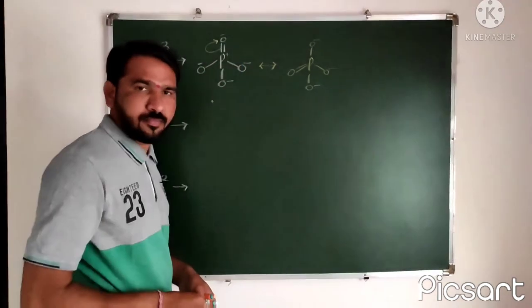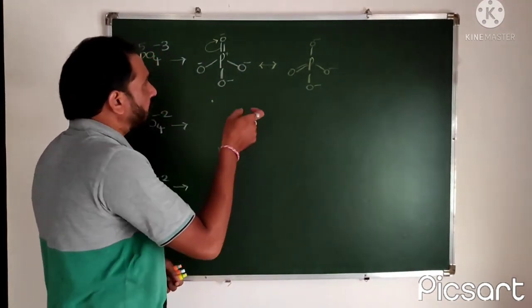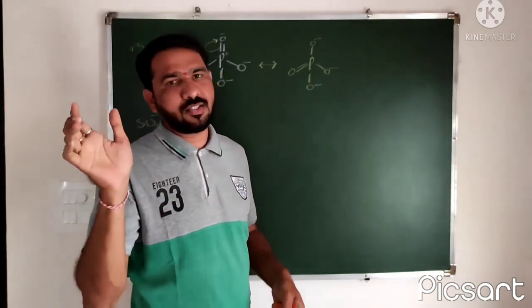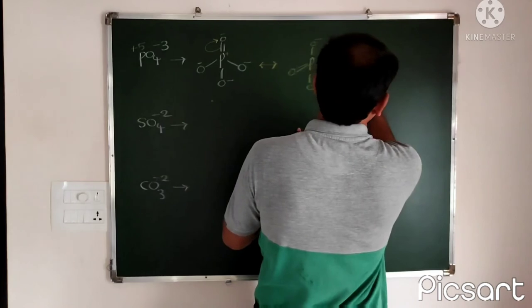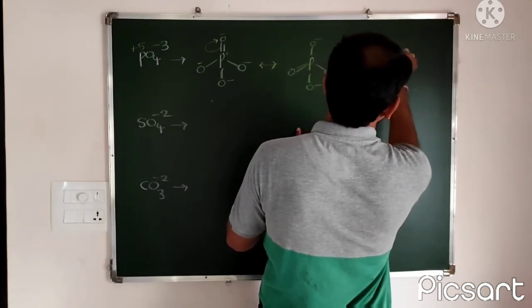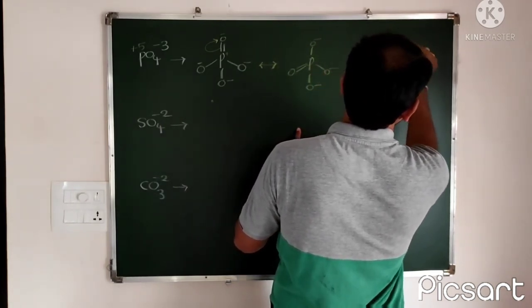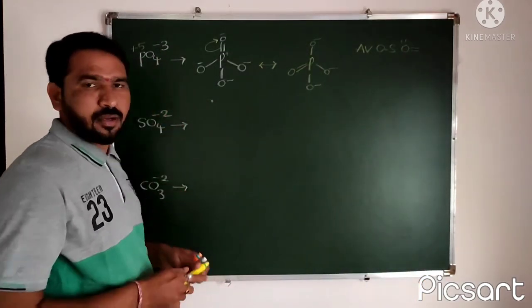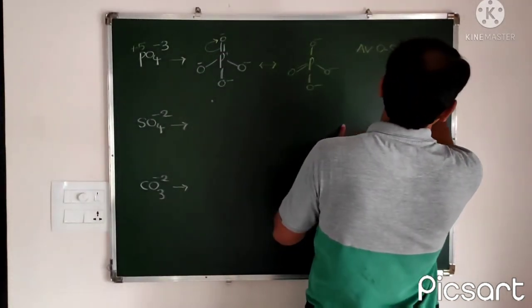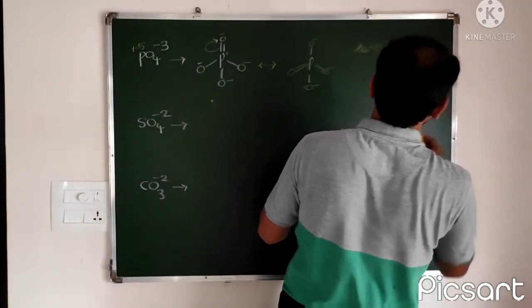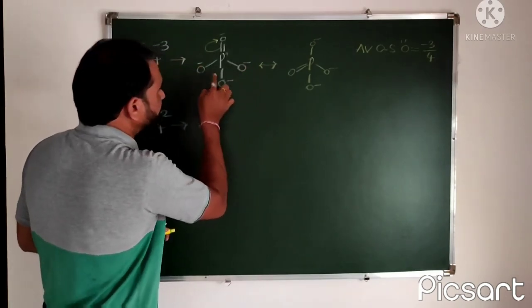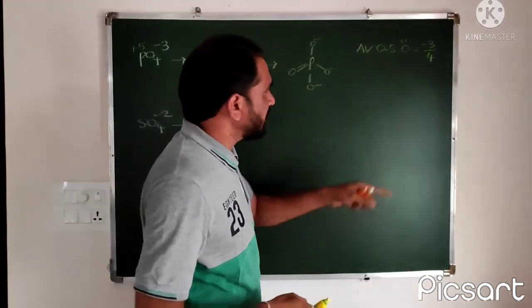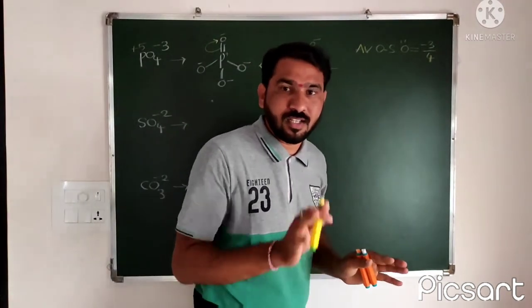So the average oxidation state of oxygen in the phosphate ion is the charge divided by the number of oxygens, therefore minus 3 by 4, because the 3 negative charges are shared through 4 oxygens. Is it clear? That is important.